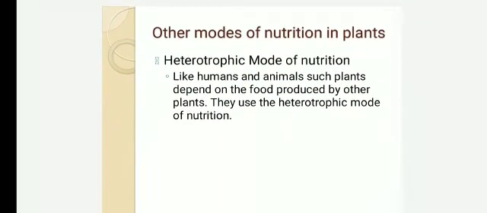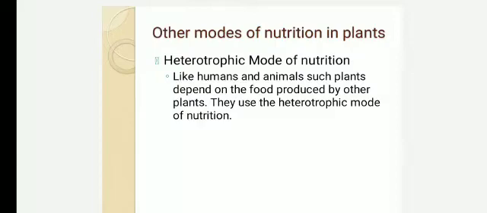Other modes of nutrition in plants, that is, the heterotrophic mode of nutrition. Like humans and animals, there are certain plants that depend on the food produced by other plants. They use the heterotrophic mode of nutrition.